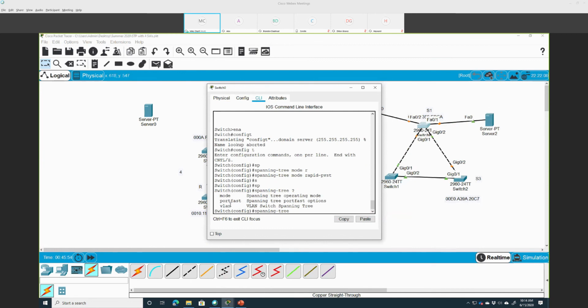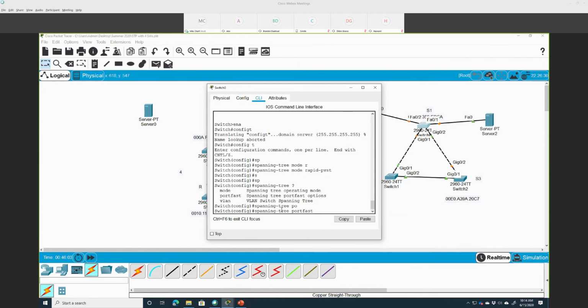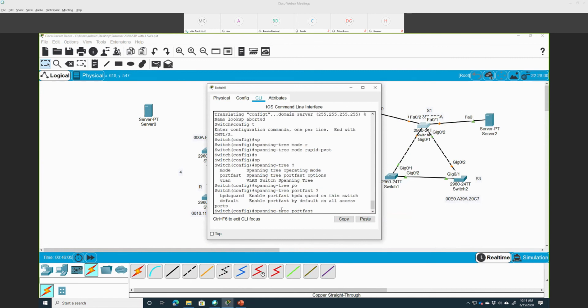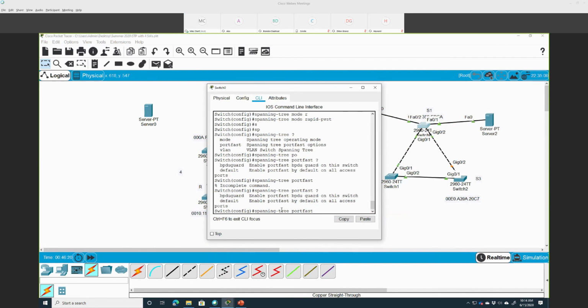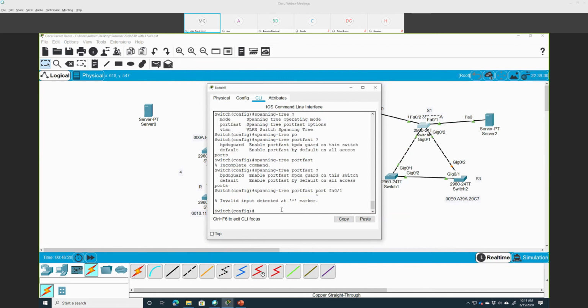Okay, you see that little command here? PortFast. Question mark. Enable. Port FA0/1. No. I think I have to go to the interface. Let me see.